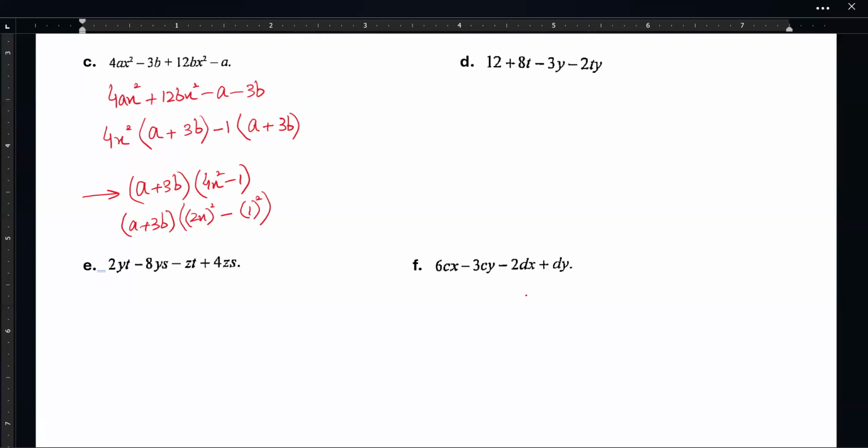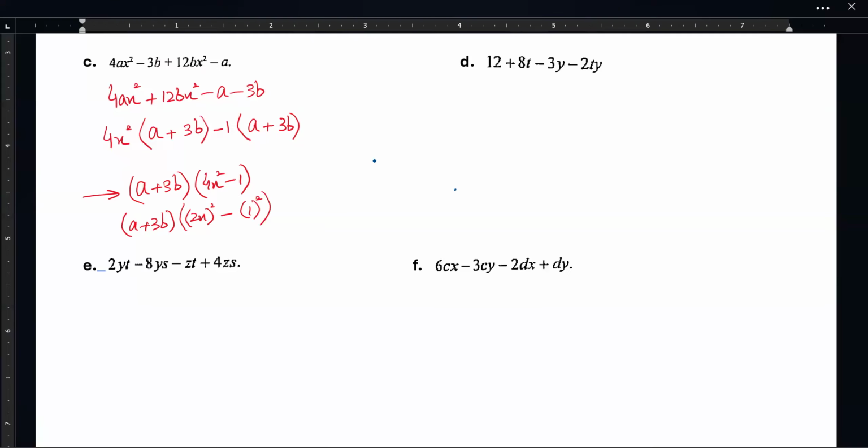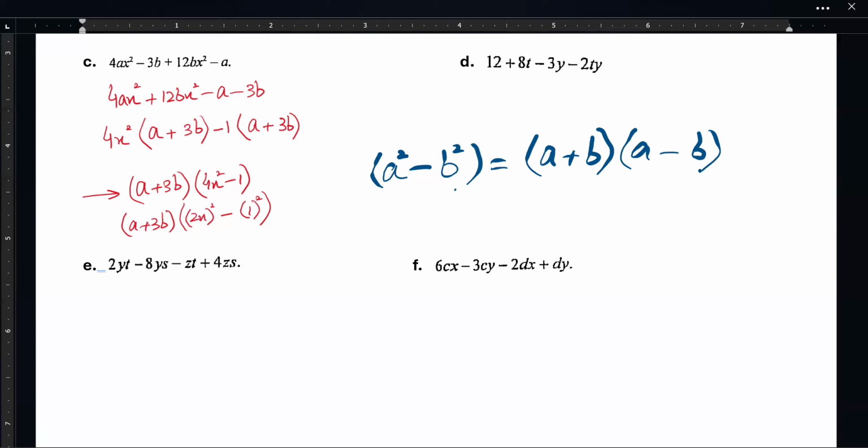Actually, we must remember an identity. The identity says a squared minus b squared is equal to a plus b times a minus b. As you can see, this is the first term, a square, and this is my b square.